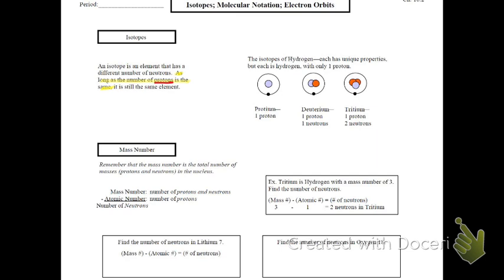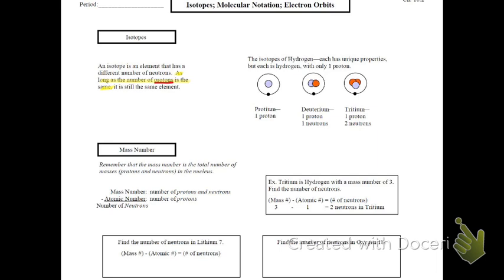They have a picture over here of the isotopes of hydrogen. So they gave, like each one of these has one blue dot. So that one proton is the same in each atom. But then this first one just has a proton with no neutrons. So that's protium.